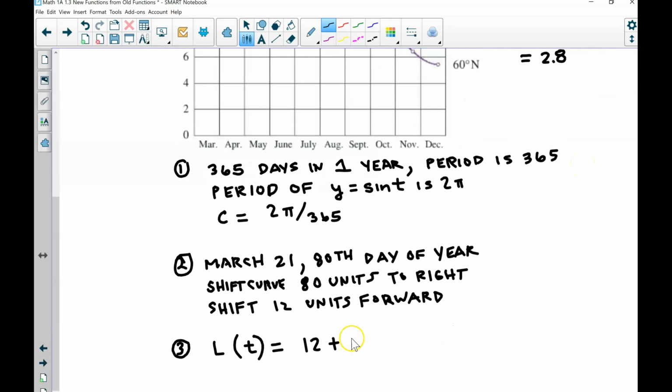So we have 2.8 times 2 pi over 365, and we're shifting it 80 units to the right, so that would be t minus 80.